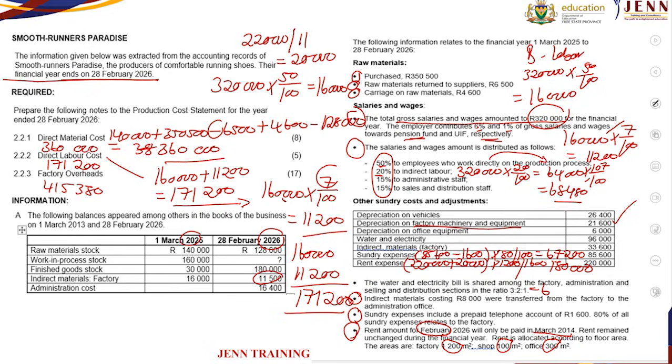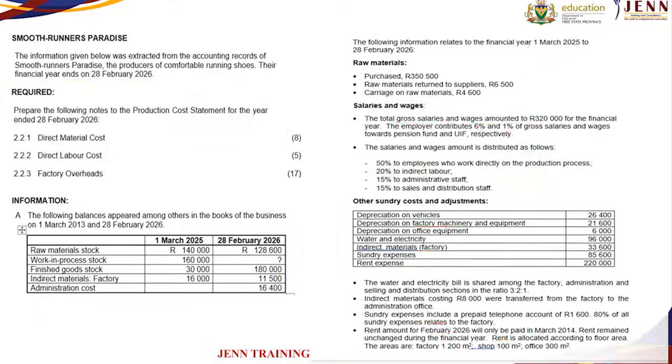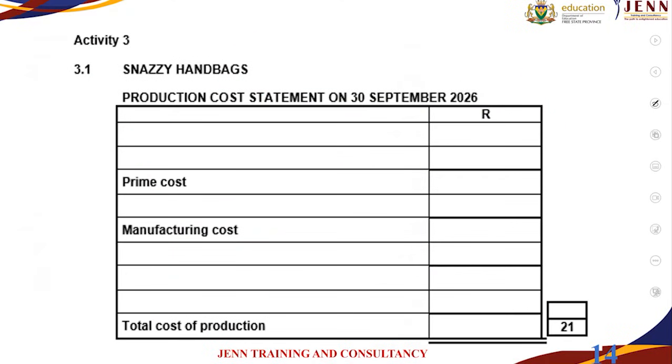Remember, I said the aim of this activity was supposed to be, let me go to the next slide so that I show you something. The aim of that activity, I'm not going to do activity 3, I'm just trying to show you something. The aim of doing the calculation is actually to complete this.